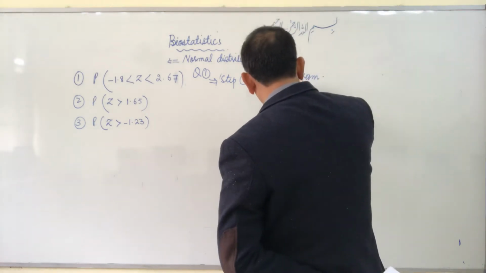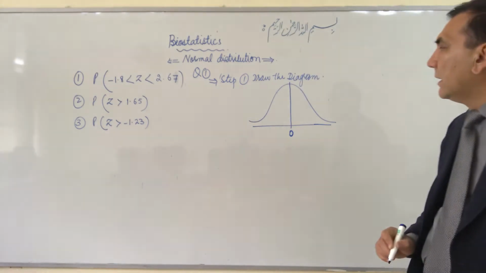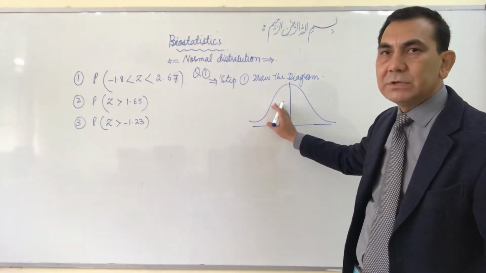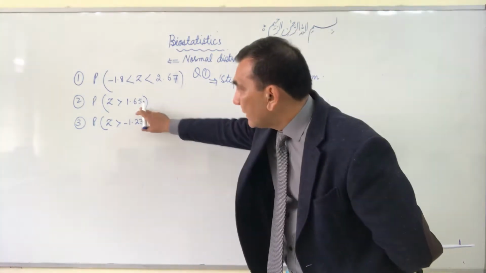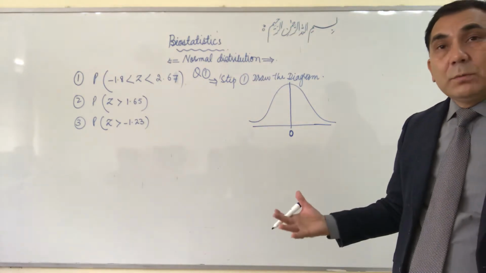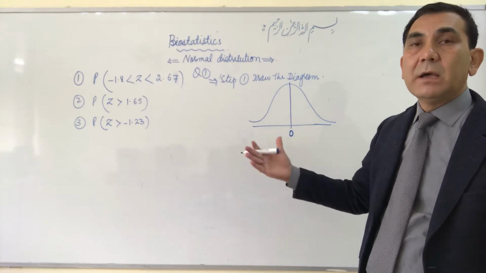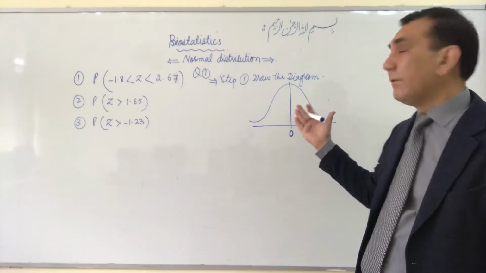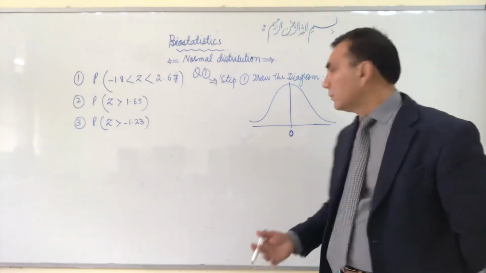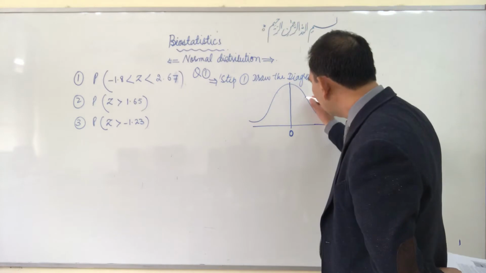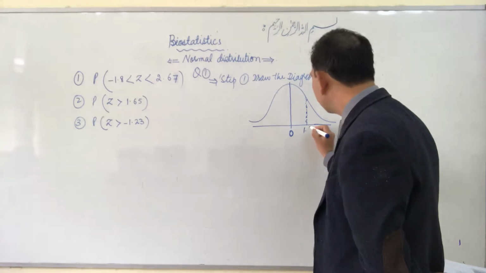So, this is the center, which is 0, the center of the data, 50% present on the left side, 50% present on the right side. Now, what is the data? It says, what is the proportion or the probability which is higher, the area which is more than 1.65. Now 1.65 is a plus value. So we will write it down over here. 1.65.